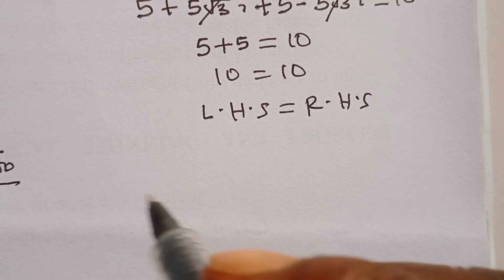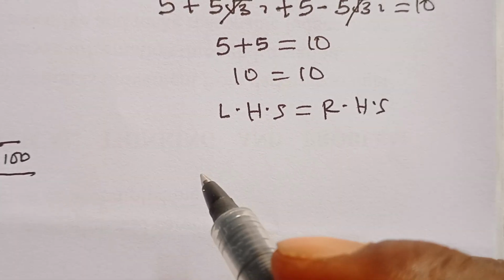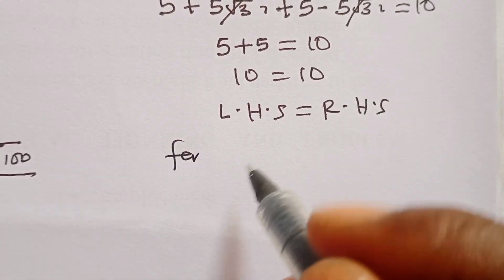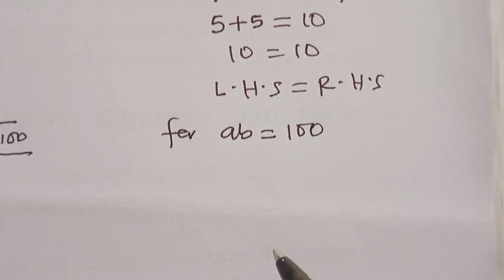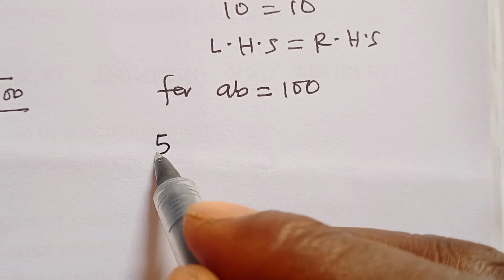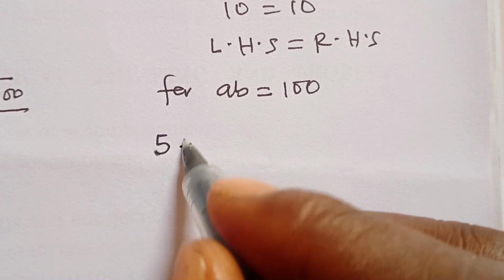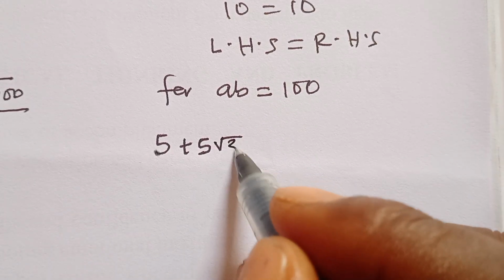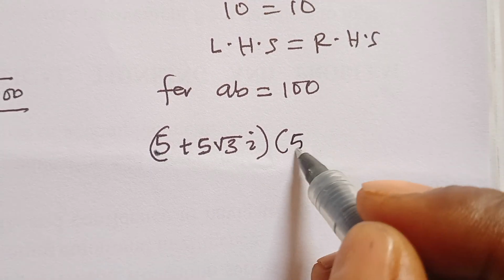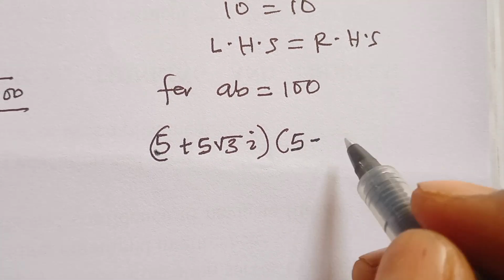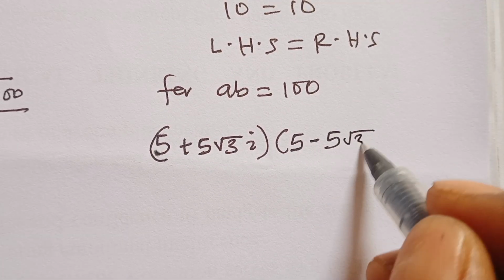Now let's check for the second equation, that is ab equal to 100. So for ab equal to 100, we'll now be having 5 plus 5 square root of 3i, everything in brackets, multiplied by 5 minus 5 square root of 3i.